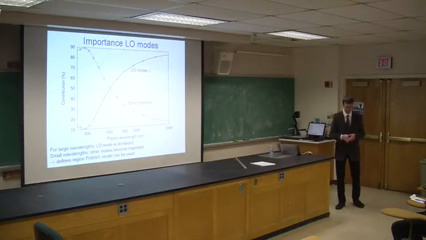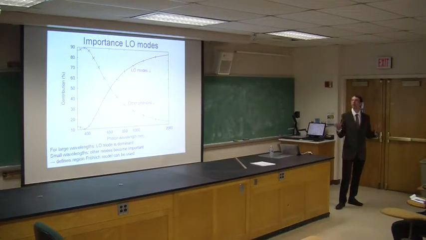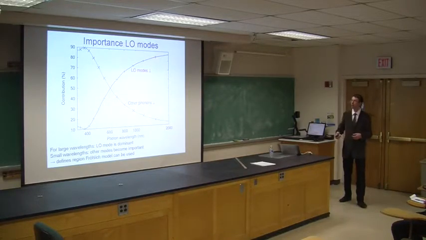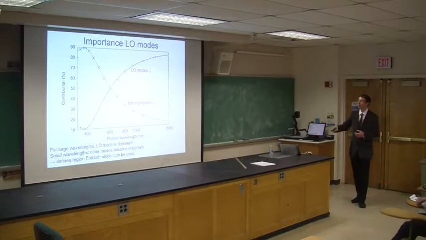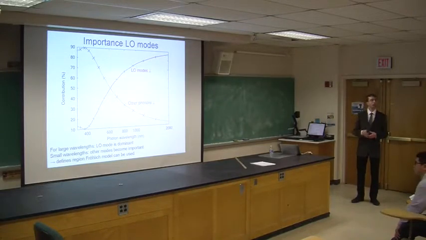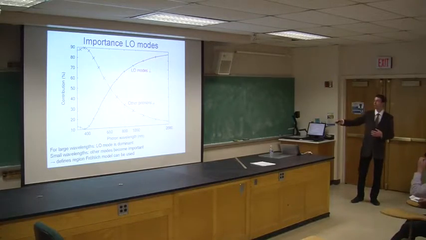Okay, so let's subdivide our total absorption by the type of phonon that's actually contributing. In this case, I'm now plotting the total contribution of certain phonon modes. The red curve is only for longitudinal optical phonon modes, while all other phonon modes are in the blue curve.